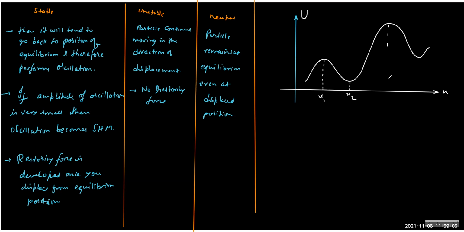So two stable and two unstable. Correct. So 2 and 4 are stable and 1 and 3 are unstable. Sir, x1 and x3 are stable and x2 and x4 are unstable. Correct. For the obvious reason, you can draw the line and you can see it's a maxima or minima.